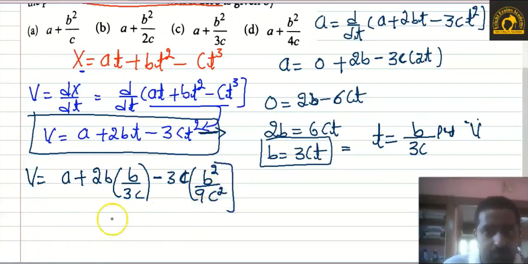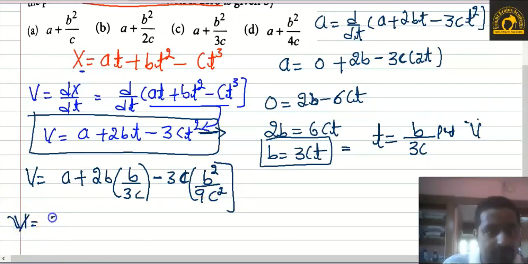So that is v is equal to a plus 2b square divided by 3c, minus, so 1c gets cancelled, minus 3b square divided by, 3 one's are 3, 3 threes are 9, that is 3c.